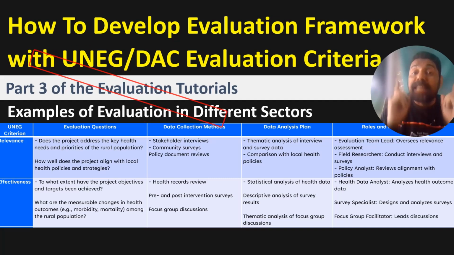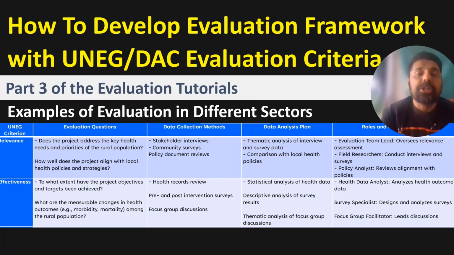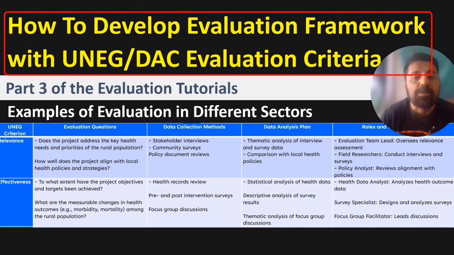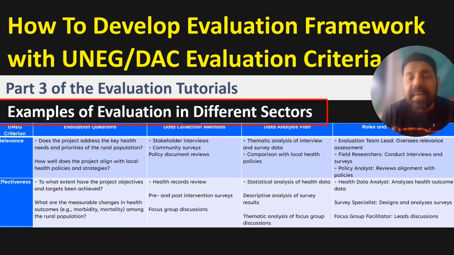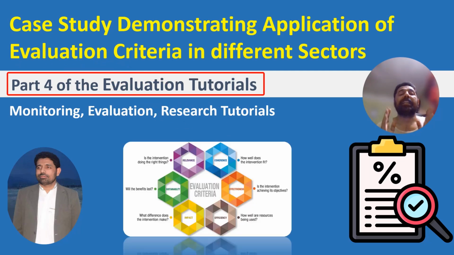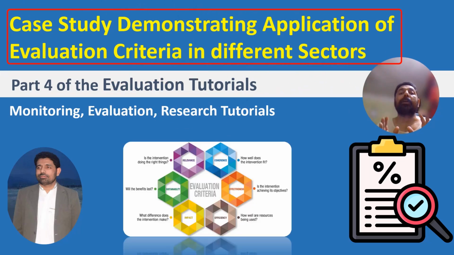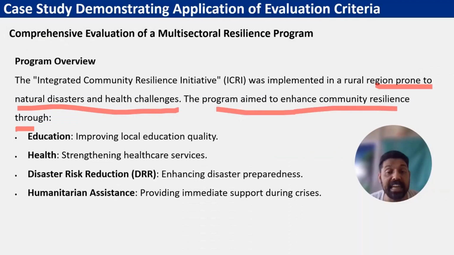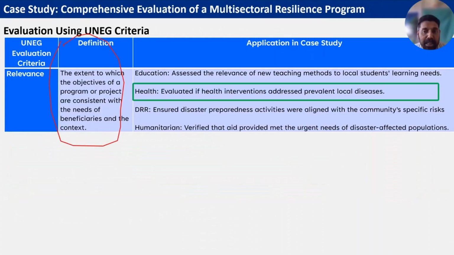See you in the next video, part 3, in which we will discuss how to develop an evaluation framework with the components of evaluation and UNEG evaluation criteria that we just discussed, and what are the practical examples of evaluation in different sectors. In part 4, we will discuss a case study demonstrating application of evaluation criteria and components for a multi-sectoral project.